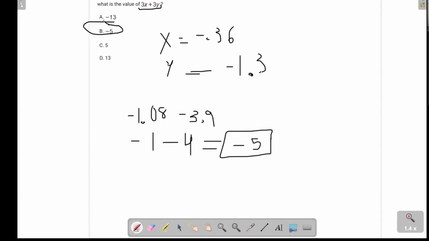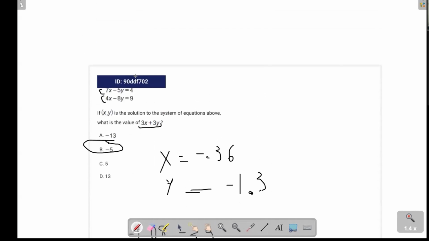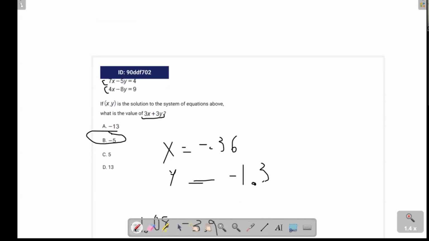Is anyone confused about how to do it using algebra? I don't want to go through the whole math because it's going to take a lot of time and be pretty messy. But what you do is, since you have these two lines, you want to find a way to multiply this equation by a certain amount. So you multiply this whole equation by, let's say, -7/4.